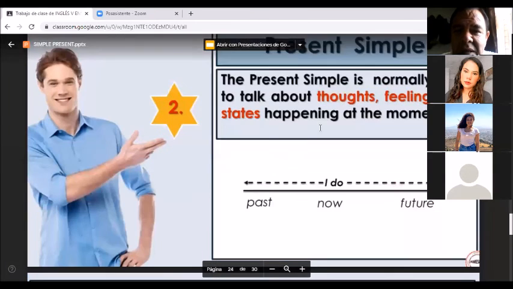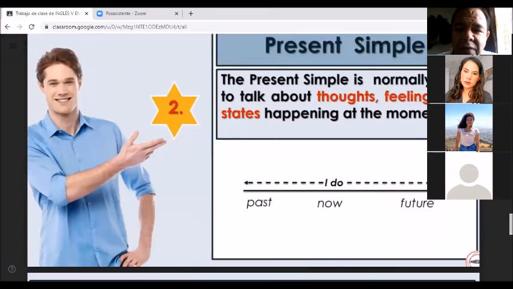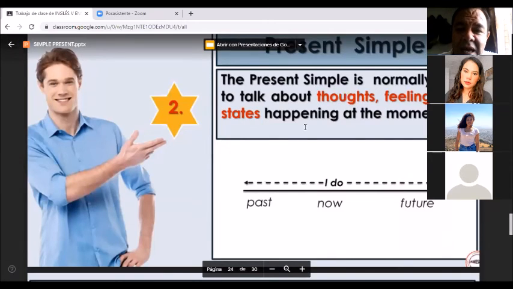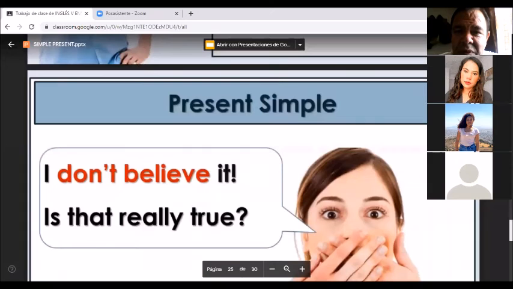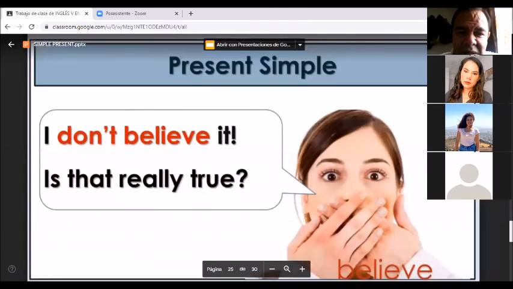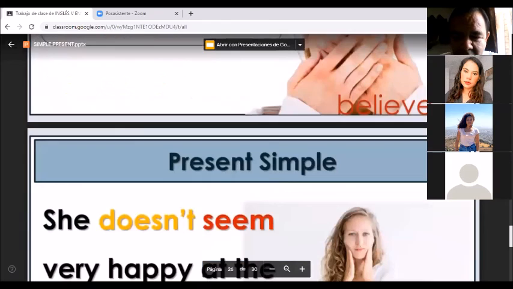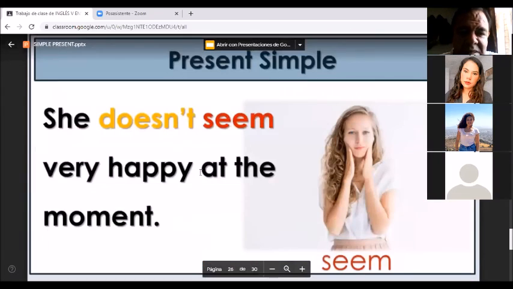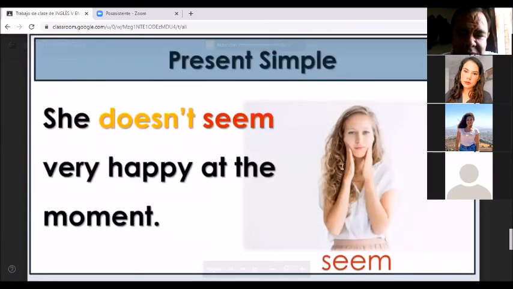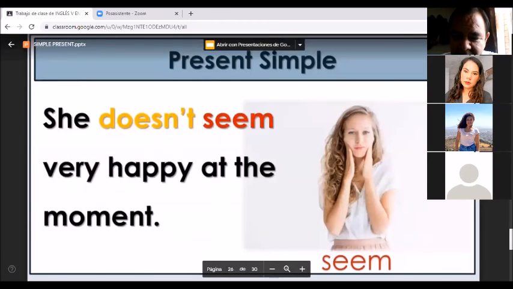The present simple is normally used to talk about thoughts, feelings, and states happening at the moment. Some examples for this use: I don't believe it. Is that really true? We're expressing a feeling right now. She doesn't seem very happy at the moment. She is sad.